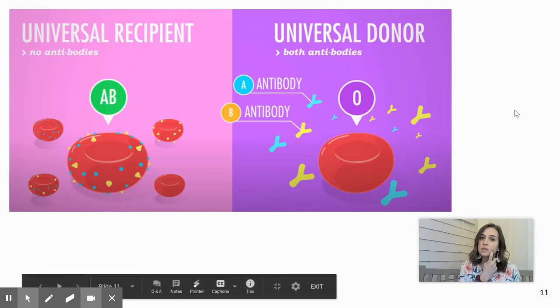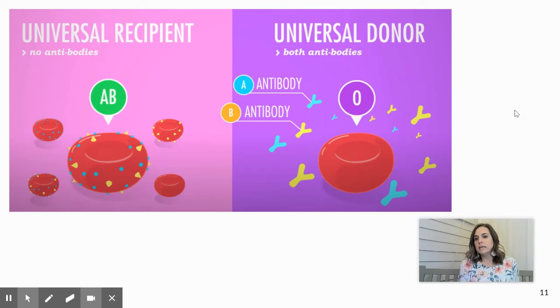So in the case of the universal donor, which is O blood type, they can give their blood to anybody because there's no markers on it. So it doesn't matter what antibodies the receiver has, they wouldn't attack O because there's nothing to attack. There's nothing to adhere to.